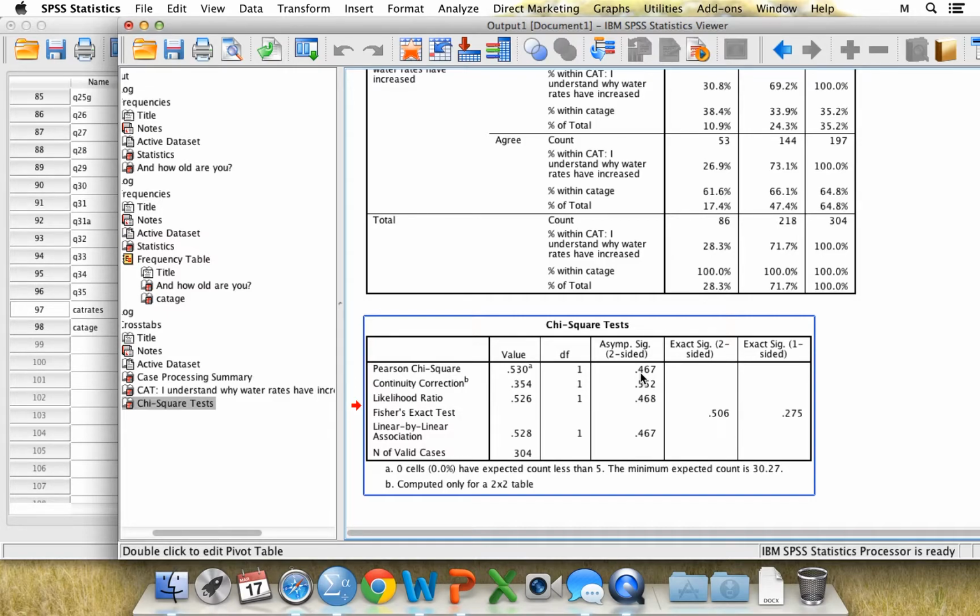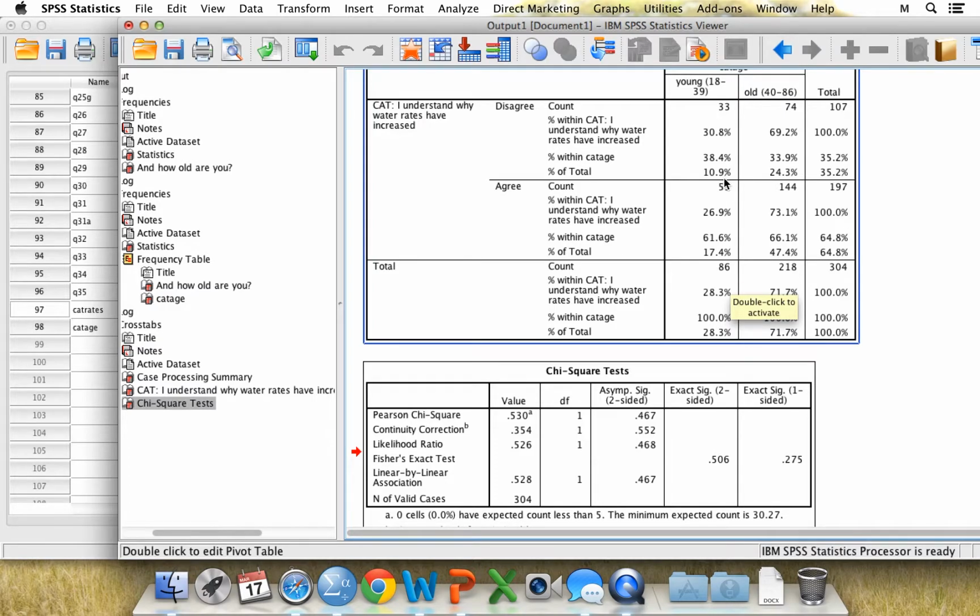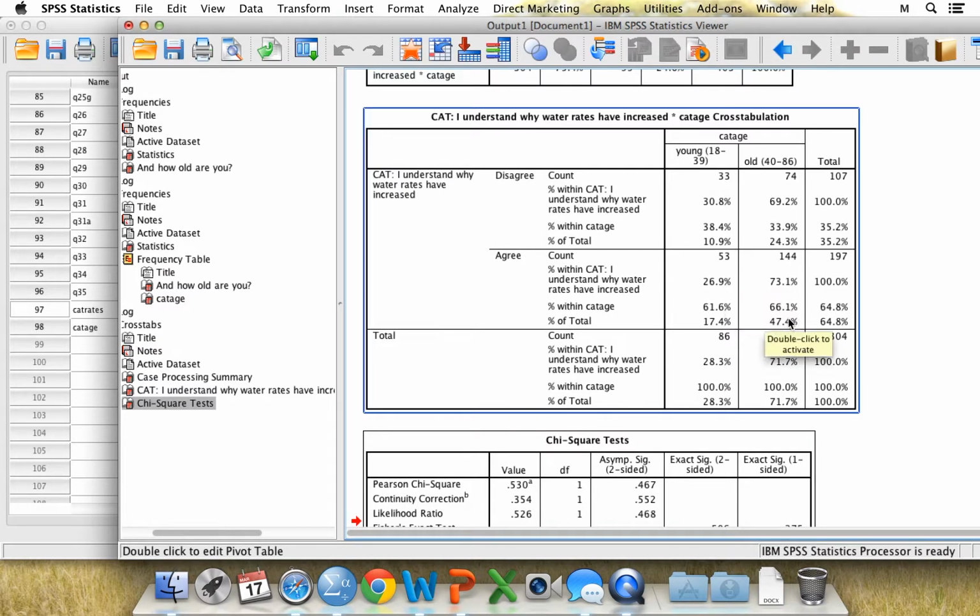Still, I want to look at the descriptive information. So I look at the cross tabulation table, and I saw 61.6% of the young people understand the increase, and 66.1% of the older people understand it.